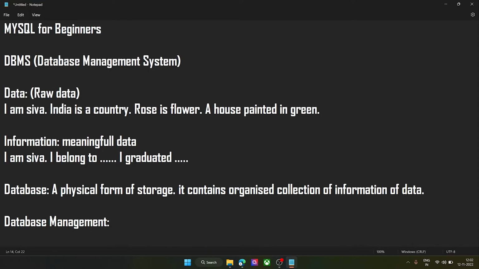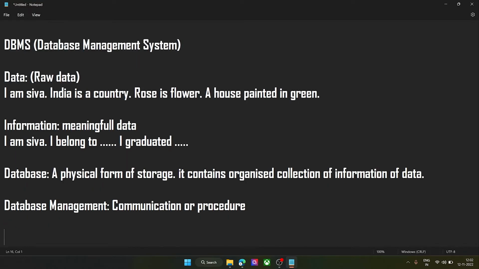In a similar way, if you want to manage your database, there is a procedure of communication. This is what database management is. And in order to communicate, we require something. Just as here we have a user interface in which you can click, in the same way databases have SQL queries.